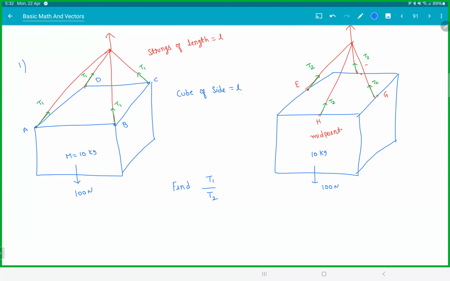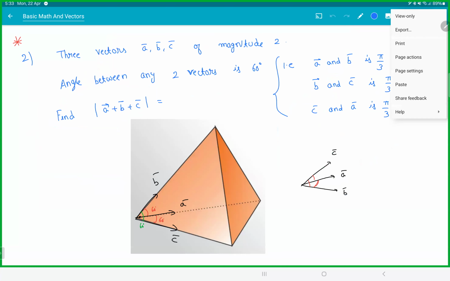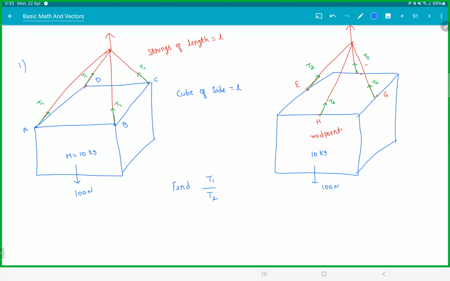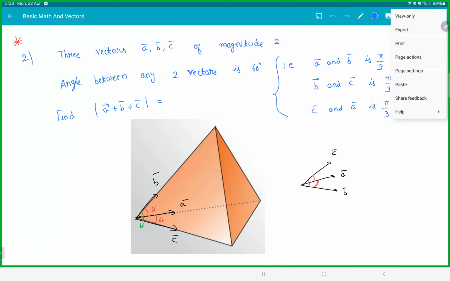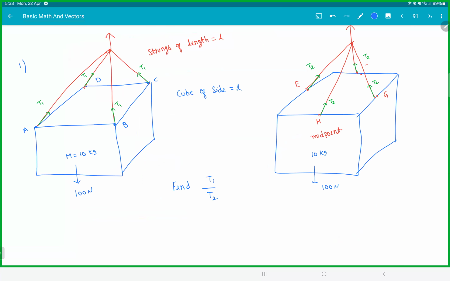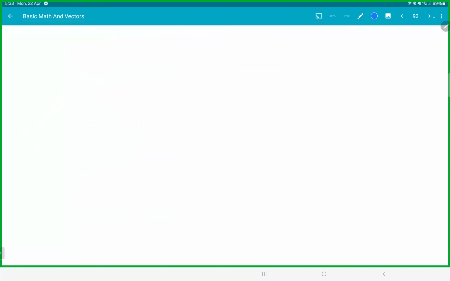Let's see how to do this. Just take a blank, I guess.